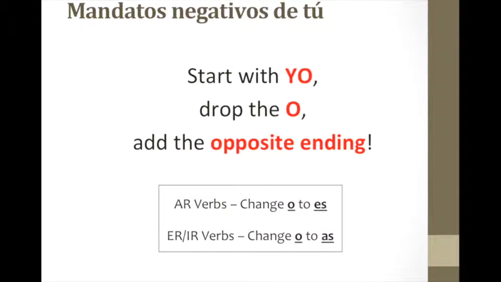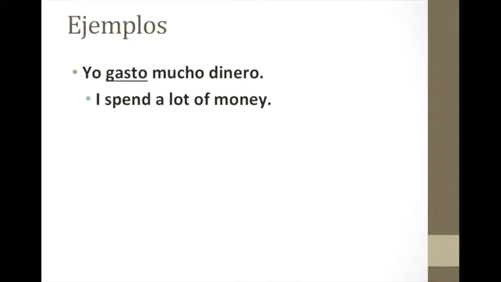What do we mean when we say opposite ending? AR verbs are going to change the O, after we've dropped the O, to ES, because the flipped ending would be an ER, IR verb ending. ER and IR verbs are going to drop the O and change to an AS ending, because it would be the opposite. So for example, if we wanted to say, I spend a lot of money, yo gasto mucho dinero, just an observation, not a command.